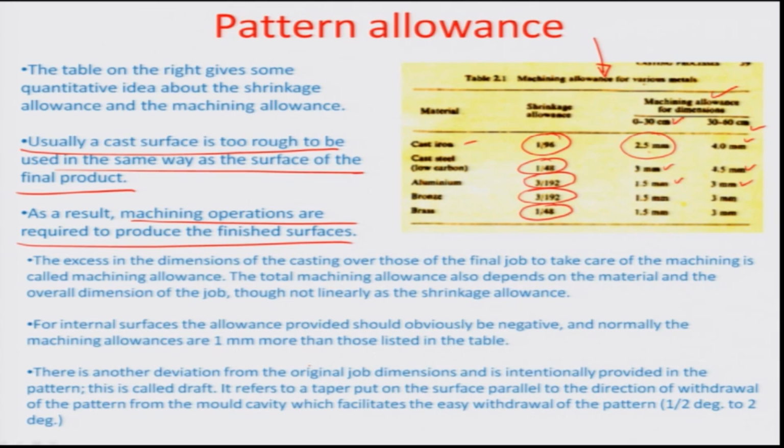So you have to have some taper allowance, and normally it is half a degree to 2 degrees. For example, for casting a cylinder, you do not have the pattern exactly straight, but maybe a little bit of 2 degrees or so taper, so that it is easy to remove the pattern while you are making the mold. These are normally some of the thumb rules used for pattern designing.